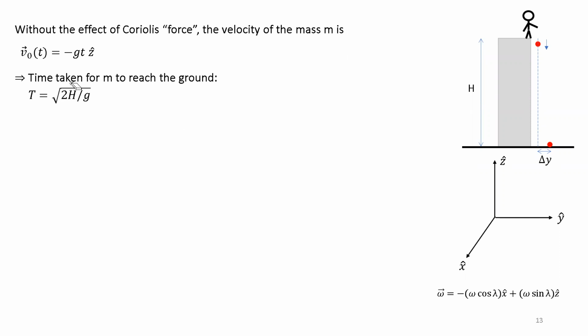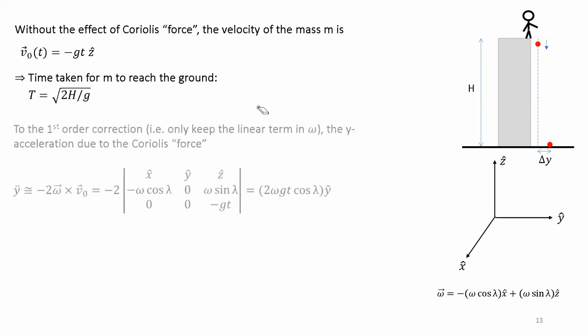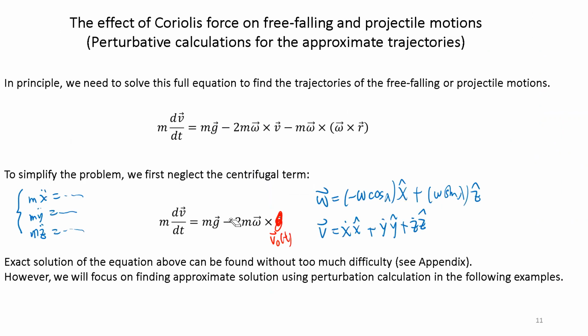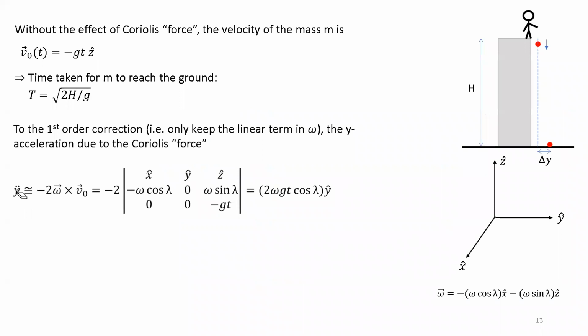And then you know that the time taken for this to drop to the ground is square root 2 capital H divided by G. Right, so now I'm saying to the first order correction. So as I said, substitute this v naught back into this term. So this is what I'm doing.